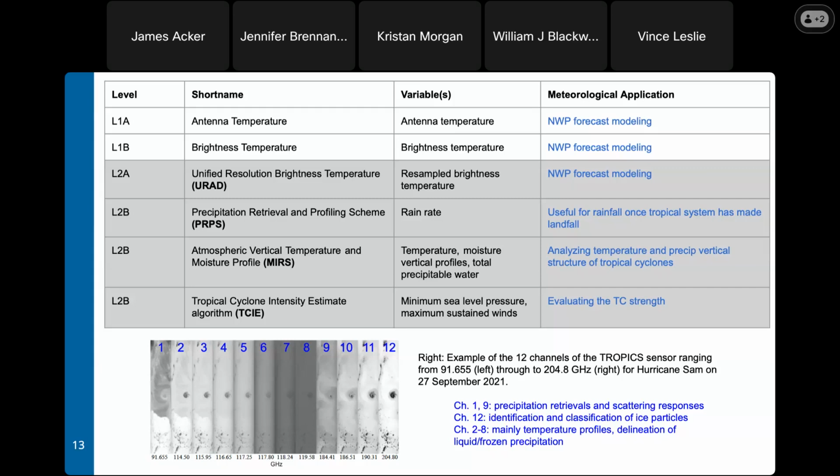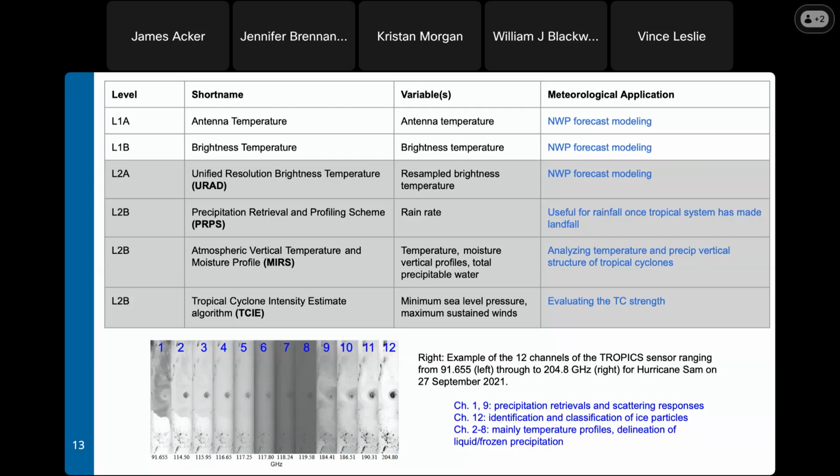Finally, the final level 2B product that I'll be sharing is the cyclonic intensity estimate algorithm, which gives us minimum sea level pressure and maximum sustained winds to allow us to evaluate the strength of the tropical system. Below, I have a display of the 12 channels that the TROPICS sensor uses.